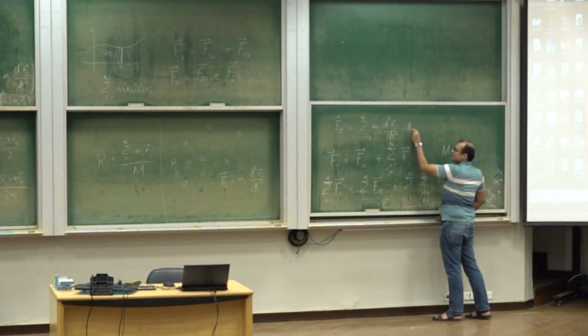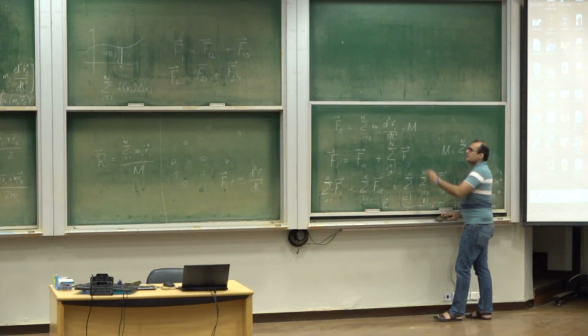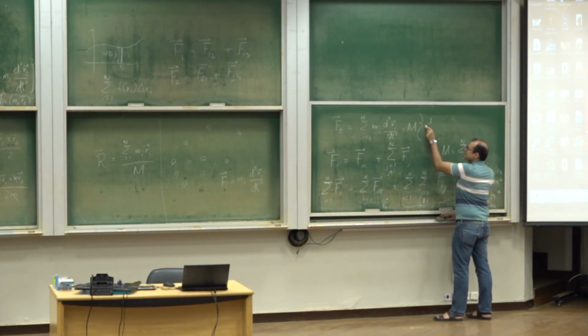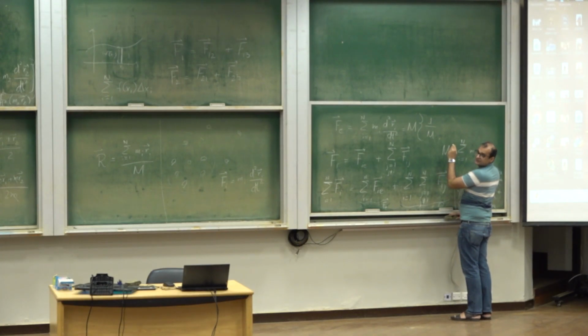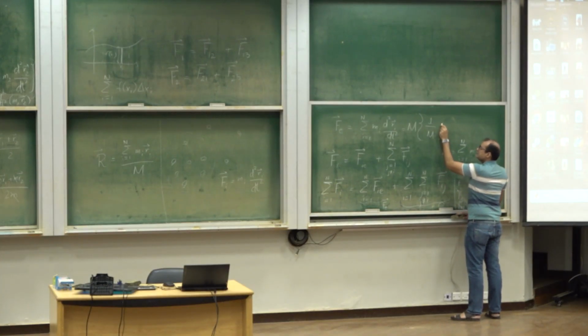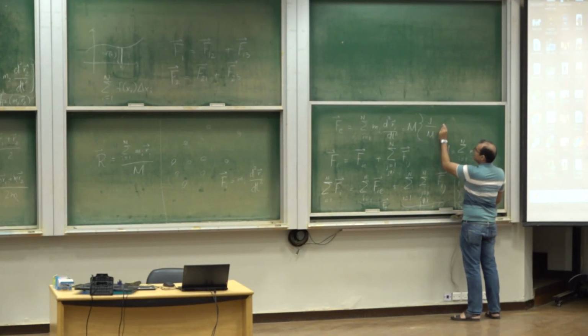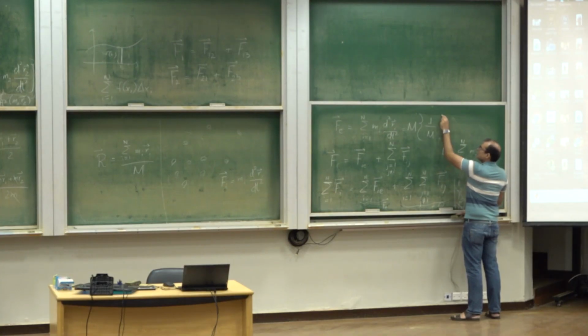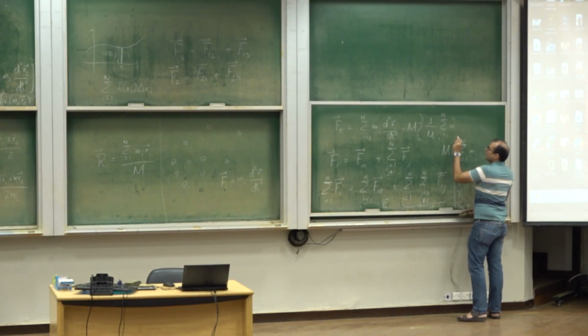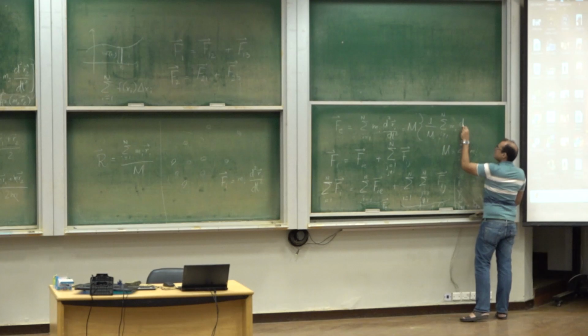So again put it in, और आपका ये 1 over M, and then you have the double derivative of the sum mi.